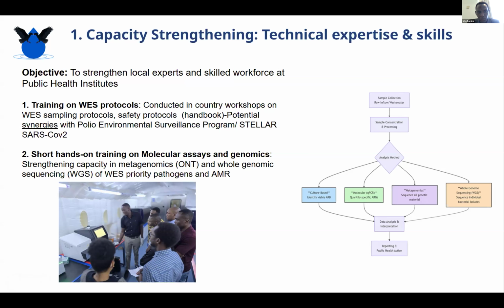So it's really to address the entire workflow from sampling all the way to data generation during the analytical phase, and data sharing and interpretation, and being able also to communicate those data for public health action.